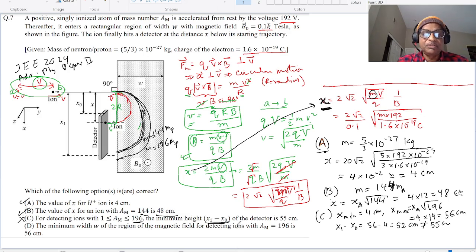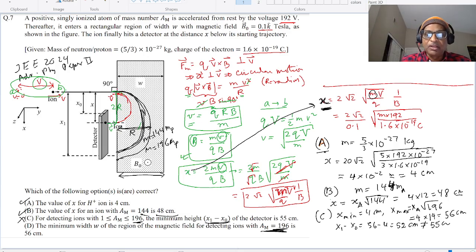And then we have to figure out the minimum width, how wide this should be. It has to be at least this wide, and that has to be the radius of this trajectory.